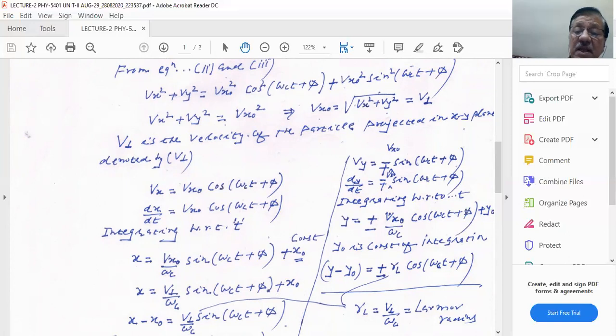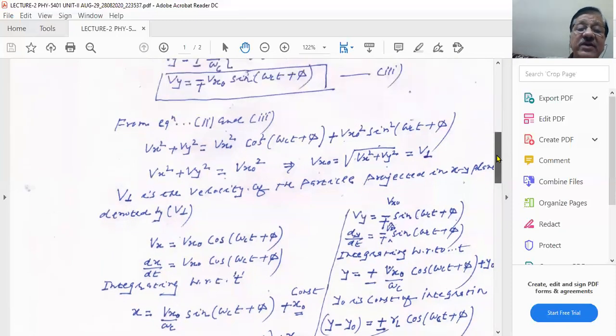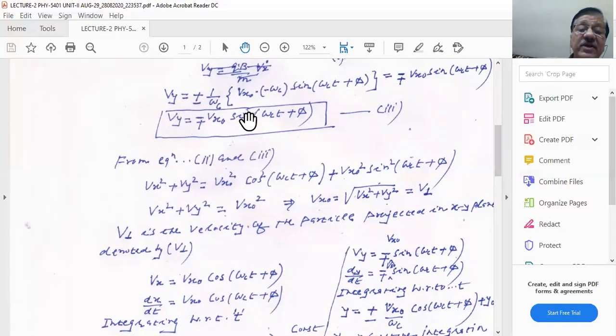Similarly, you have an equation for Vy, which we have also derived. Vy is minus or plus Vx0 sine of omega ct plus phi. This is the equation of Vy. Now Vy is nothing but dy by dt, the displacement in the y direction. So dy by dt is minus or plus Vx0 sine of omega ct plus phi.